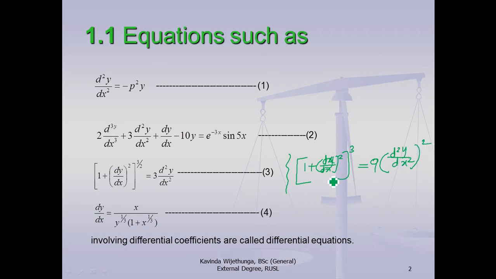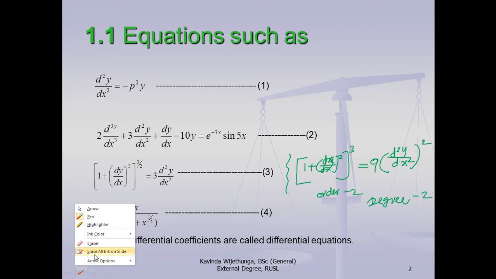So if we consider this, what is the degree? It is the power of the highest derivative. This is second order, equals 2, and the degree, again, here there is 3, but we are taking the power of the highest derivative as the degree, that is also 2, right?